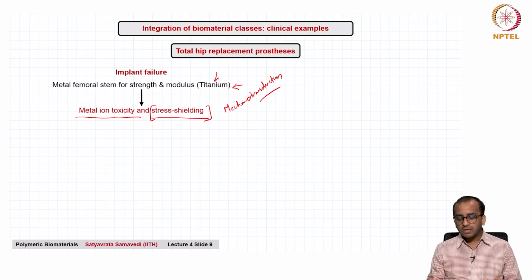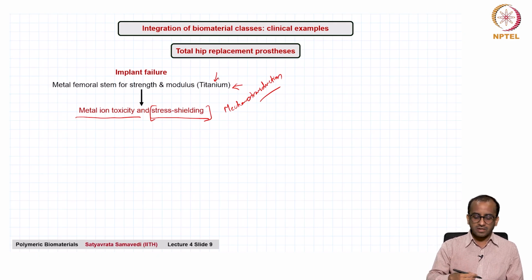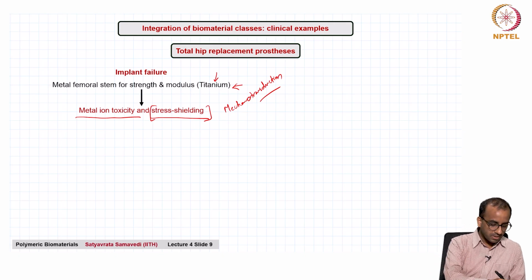And this will result in a phenomenon called stress shielding, where the bone will not be able to form new bone because it is not taking up any of the load. And it's the titanium which will take up most of the load. That could be another aspect that one needs to consider when designing these implants.